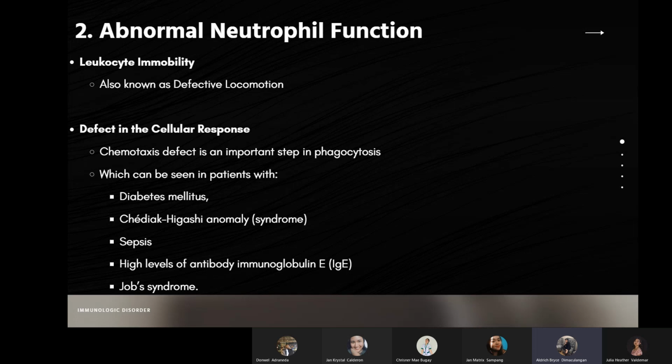And usually, pag nagkakaroon ng defect in our cellular response, ay nagkakaroon ng mga severe cases like diabetes mellitus, Chediak-Higashi anomaly, sepsis, high level of antibody, immunoglobulin E, and Job syndrome.